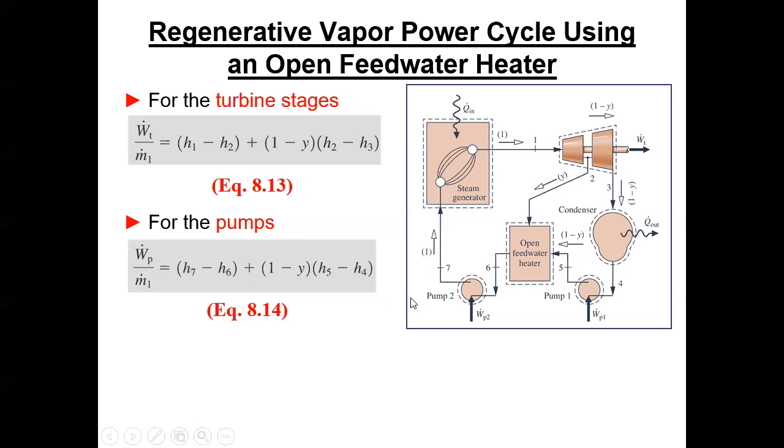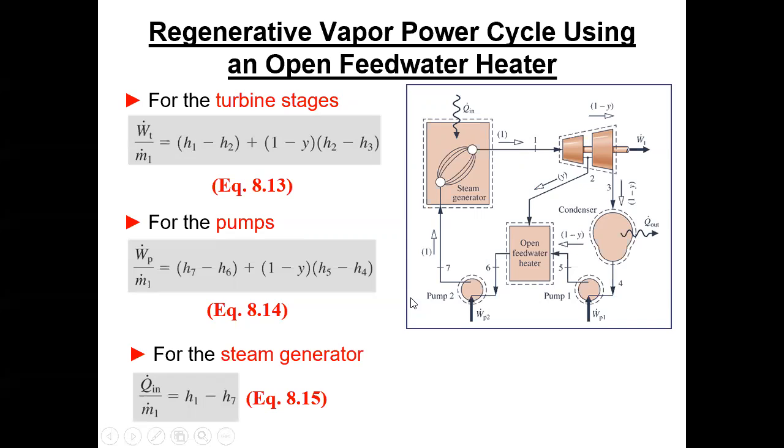So we only take 80% of that enthalpy difference and add it to the other one. That is the rate of doing pump work per steam flow out of the boiler, M dot 1. So you just have to keep your head straight when you do the calculations.